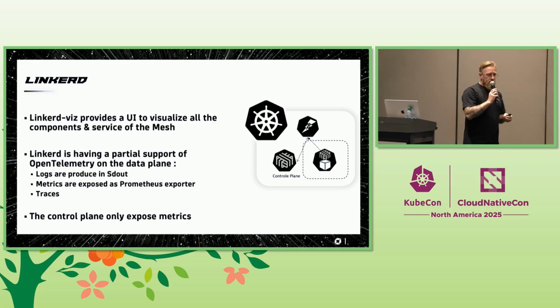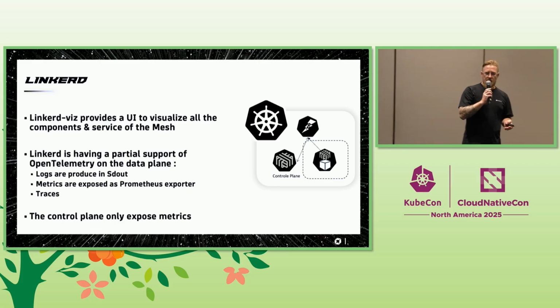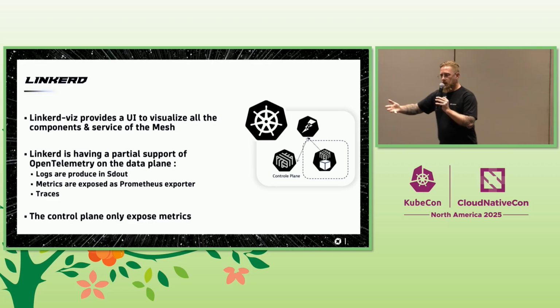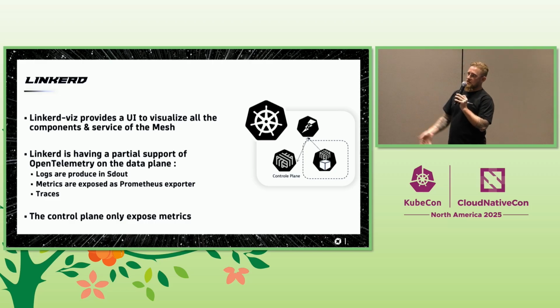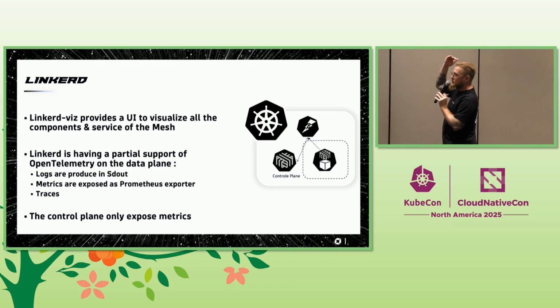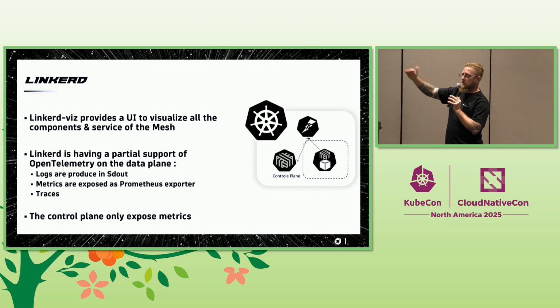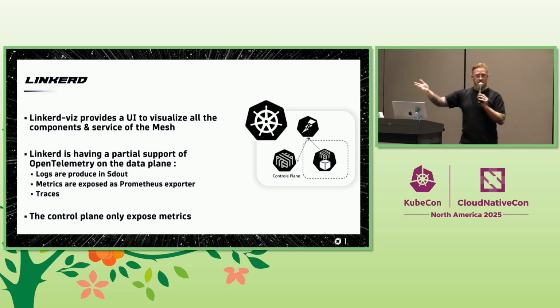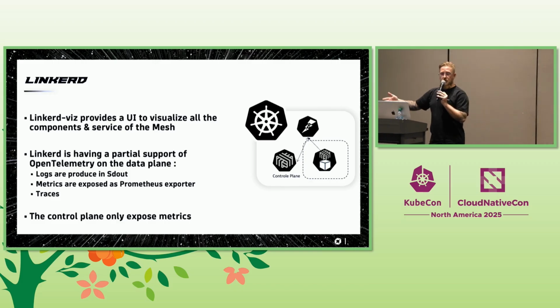Linkerd has an extension, Linkerd Viz, to see the traffic. And if you want to enable observability, you have to deploy an extension called Linkerd Jaeger. Of course, if you want to use Jaeger, it will deploy Jaeger, but you can say, I want to use the Jaeger extension, but I don't want anything, just use my collector, and please use OpenTelemetry. In that regard, it will emit traces using the OpenTelemetry protocol to your collectors.